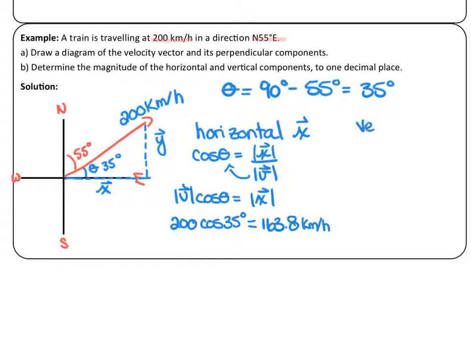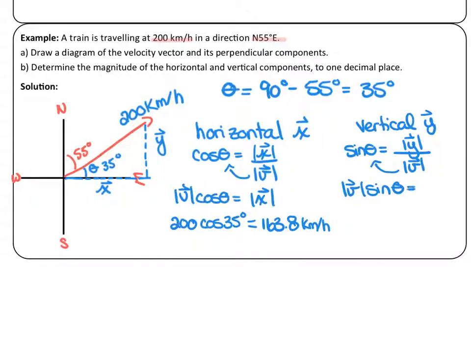If we want to do our vertical, we'll do the same thing, but this time we're going to find out what y is. From our note, we get sine of theta is our y component, the magnitude of y, divided by our vector. So we'll do the same thing and move this over, just like we did in our trigonometry unit.